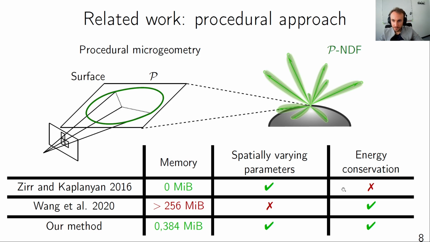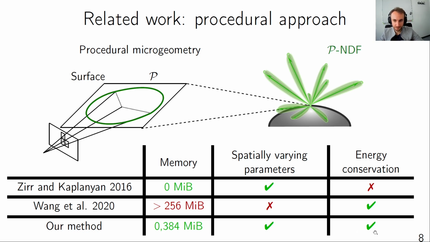However, their model does not conserve energy. Wang and colleagues propose an energy-conserving model, but the memory consumption exceeds 250 MB, and the parameters cannot spatially vary. We also use a procedural approach, but our memory consumption is lightweight, our model parameters spatially vary, and our model conserves energy.